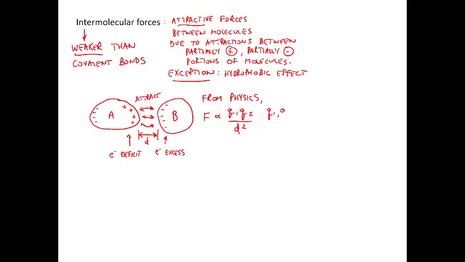So Q1 and Q2 are the charges on the particles, including the sign, and D is the distance between them. And you'll notice that if Q1 and Q2 have opposite charges, then that means the force is negative, which we define as an attractive force.